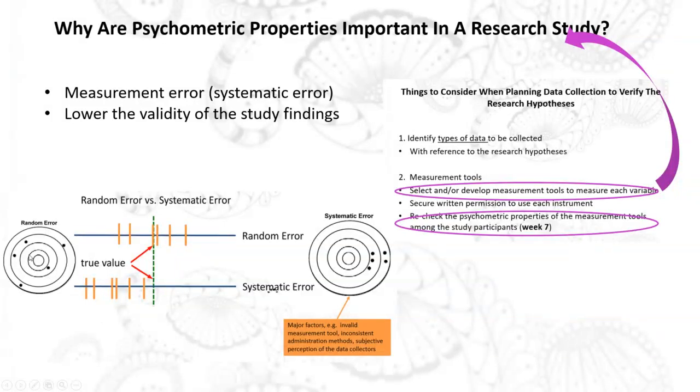We don't know when and where it appears, so we cannot control it. But for systematic error, we know where it is and when it appears. So we must think of some way to control it, to minimize the measurement error as a whole. The more the measurement error, the lower the validity of the study findings. So that's why we are really serious and cautious when we plan our data collection and choose the measurement tools.